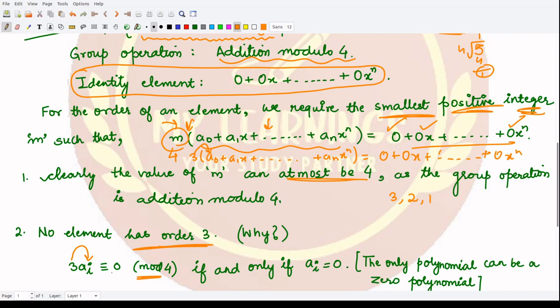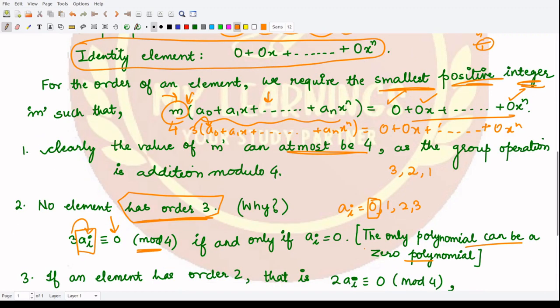This is possible only whenever ai is 0, because ai can take the values 1, 0, 2 or 3. If ai is 0, then only you get 0 here, otherwise not. So only the 0 polynomial satisfies this condition, hence we eliminate this and state that no element has order 3. The order of the 0 polynomial is 1 only, it is not 3, so we cannot take this case.